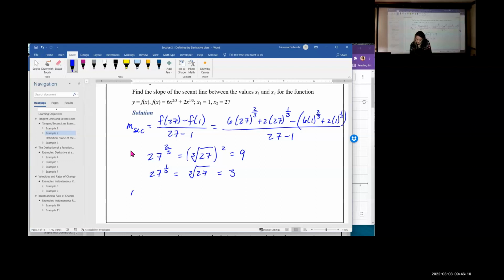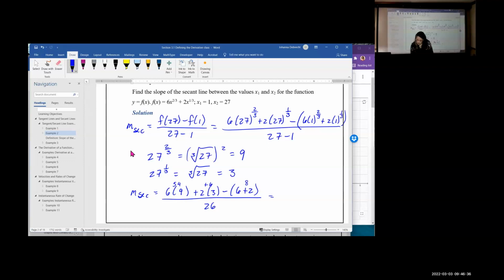So now we have, for the slope of the secant line in the numerator, 6 times 9 plus 2 times 3 minus, in parentheses, 6 plus 2, which is, of course, 8, all divided by 26. This gives me 54.